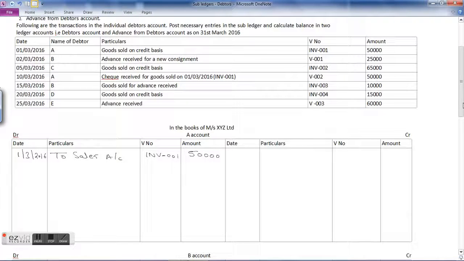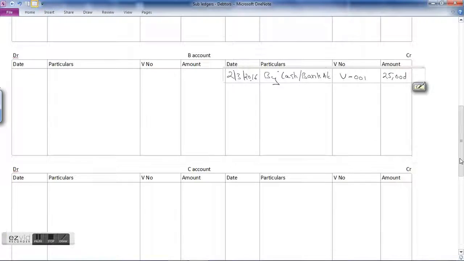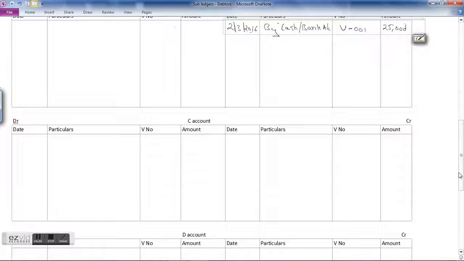Now the next entry, 5/3/2016, C, goods sold on credit basis, INV 002, 65,000. So on the debit side of C's account, since it is goods sold on credit basis, the entry will be C's account debit to sales account.